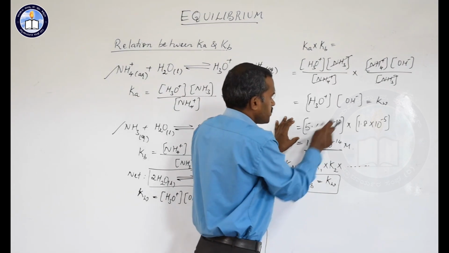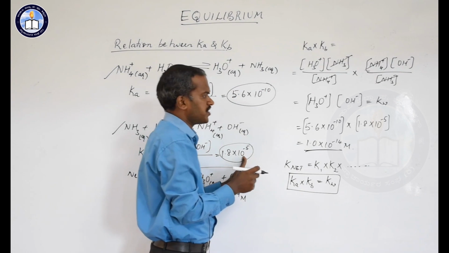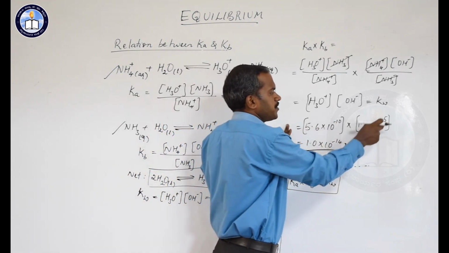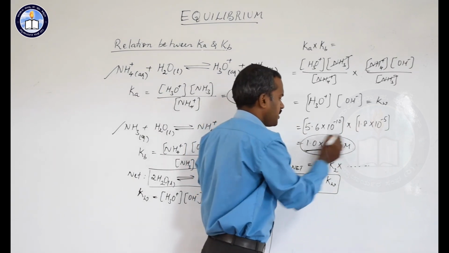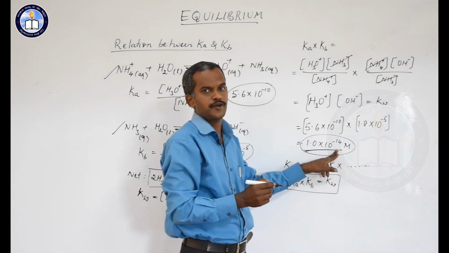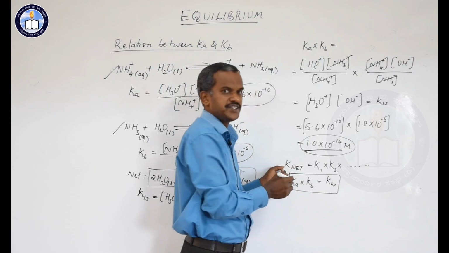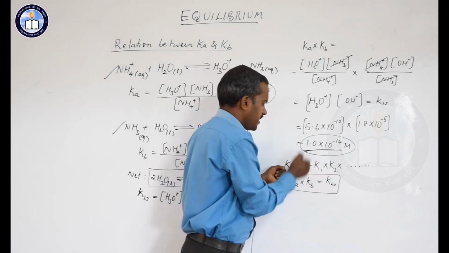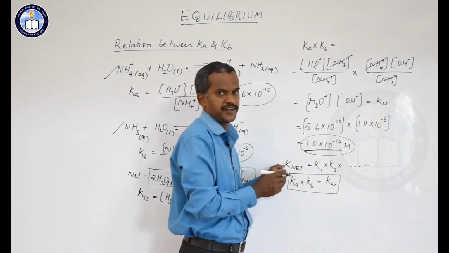Now if you substitute the values of the dissociation constants of weak acid and weak base, 5.6 into 10 to the power minus 10 and 1.8 into 10 to the power minus 5, and multiply those two values, again we get the value as 1 into 10 to the power minus 14. So from this you will understand, if the dissociation constants of the different substances are given, then you can just multiply and get the K net, that is the equilibrium constant for the net reaction.